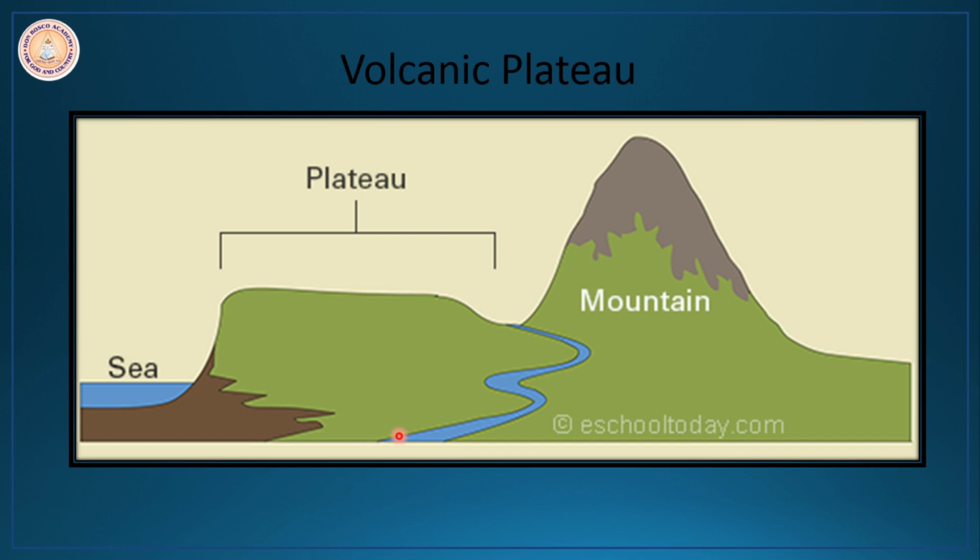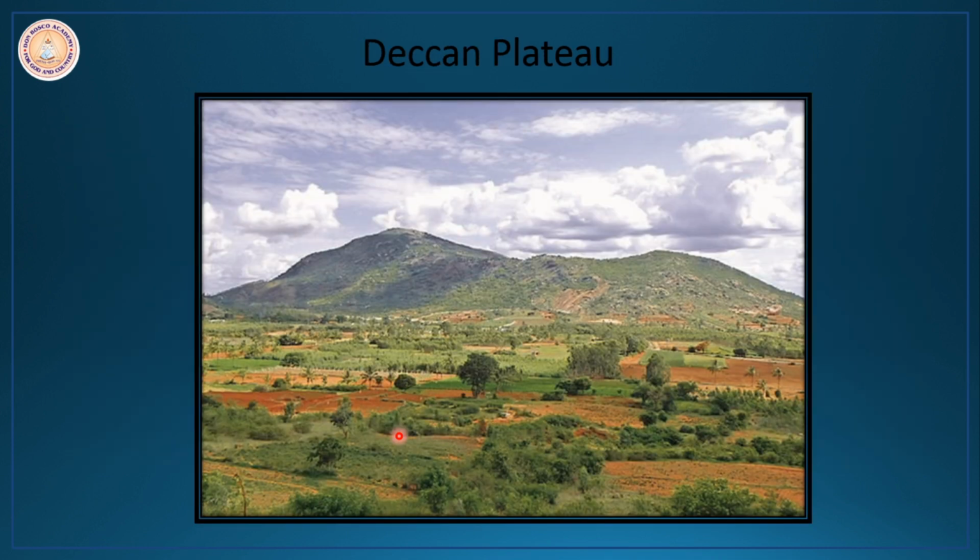Next we come to the volcanic plateaus. Now these plateaus are formed by the solidification of successive layers or sheets of lava. The Deccan Plateau is one of the best examples of a volcanic plateau.